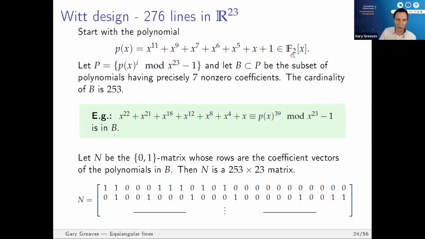This is a field of 2 elements, just 0 and 1. So all the coefficients are just 0 and 1, and we're working over F2, a finite field with just 2 elements. Now we're going to form this set capital P, and that's going to be all powers of this polynomial reduced modulo x to the 23 minus 1.